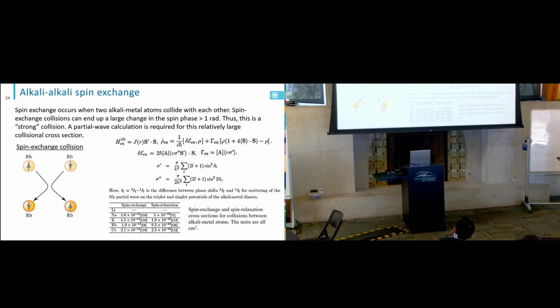And we have a very important mechanism called spin exchange. An alkali metal atom with one valence electron can get polarized. When they collide with each other, they can exchange their spin. This is actually a very important mechanism for many applications: how we polarize one species and transfer the spin polarization to another, or even from electron spin to nuclear spin.